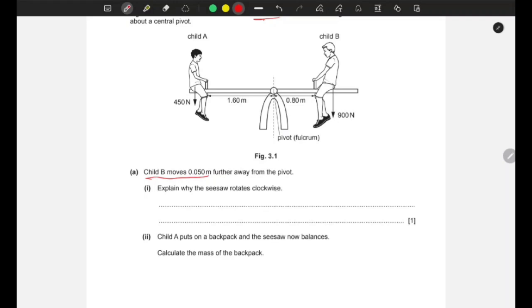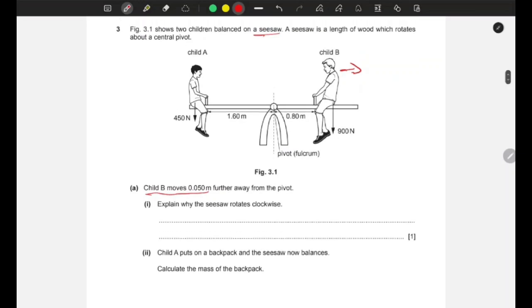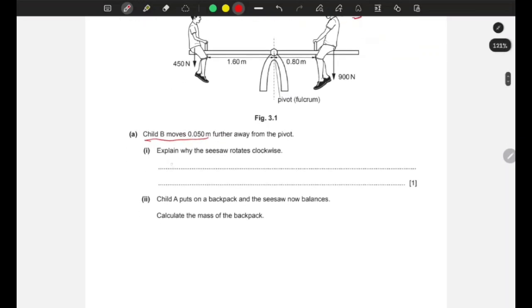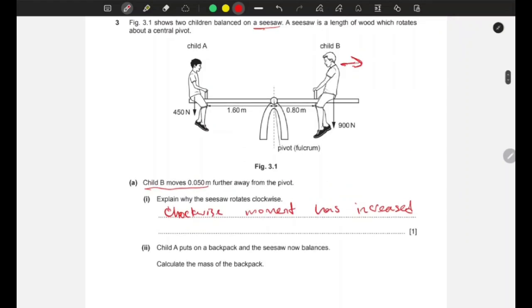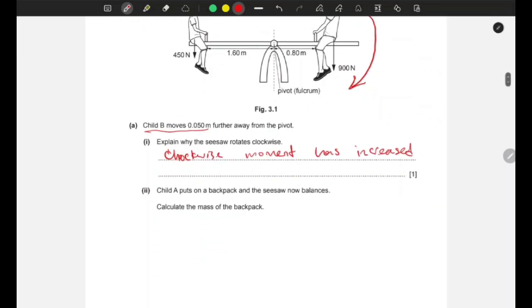What happens is this child moves to this side, so the clockwise moment has increased. When the child moves back, there's going to be a clockwise moment, so of course the seesaw is going to go clockwise.